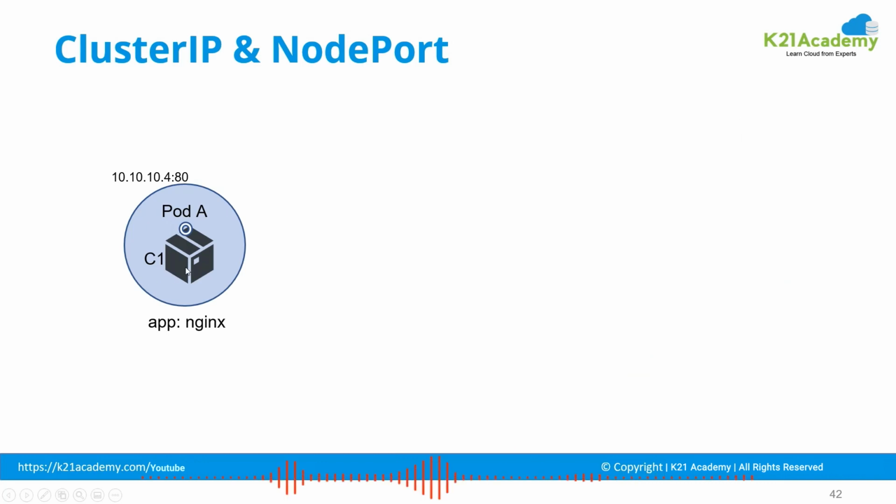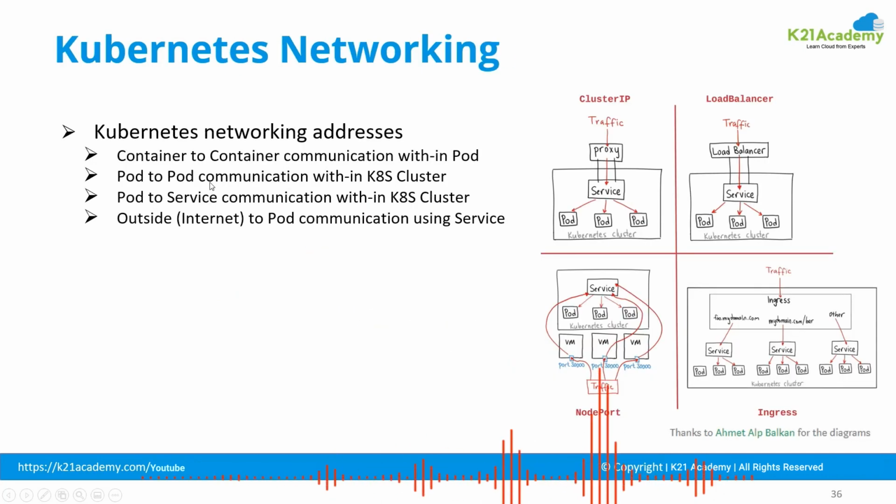Let's suppose you have two containers within a pod, Pod A, container 1 and container 2. Container 1 and container 2 will be able to talk to each other just by using the localhost address, which is 127.0.0.1. If these two containers are in different pods, then they will talk via the pod IP address, pod to pod communication.